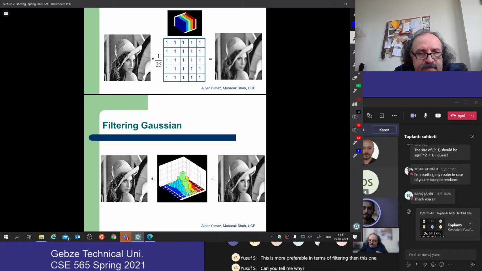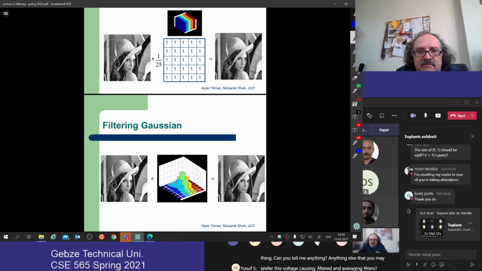Maybe further pixels affect less than closer ones. So what is the advantage of having the closer ones have more effect on the resulting image? Usually closer ones are much more relevant, right? Yes, they are much more relevant. That's one thing. Can you tell me anything else that you may prefer about the Gaussian filter over the averaging filter?